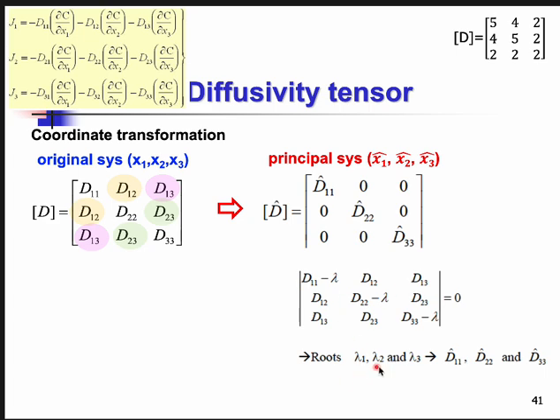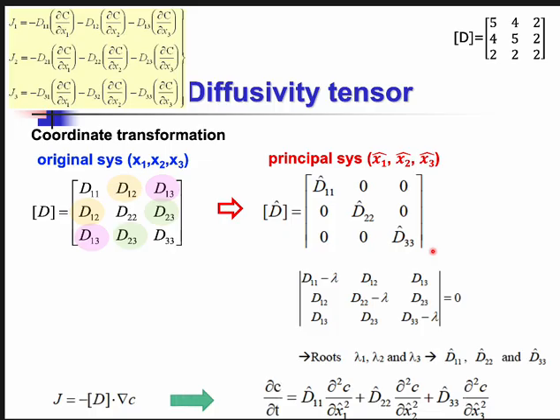As long as you get lambda 1, lambda 2, and lambda 3, you can get D11, D22, and D33. So this is the final result. This just gives you a quick, brief introduction on how to deal with this complicated diffusivity tensor in triclinic systems. By solving the eigenvalues, you can also simplify them into principal systems.